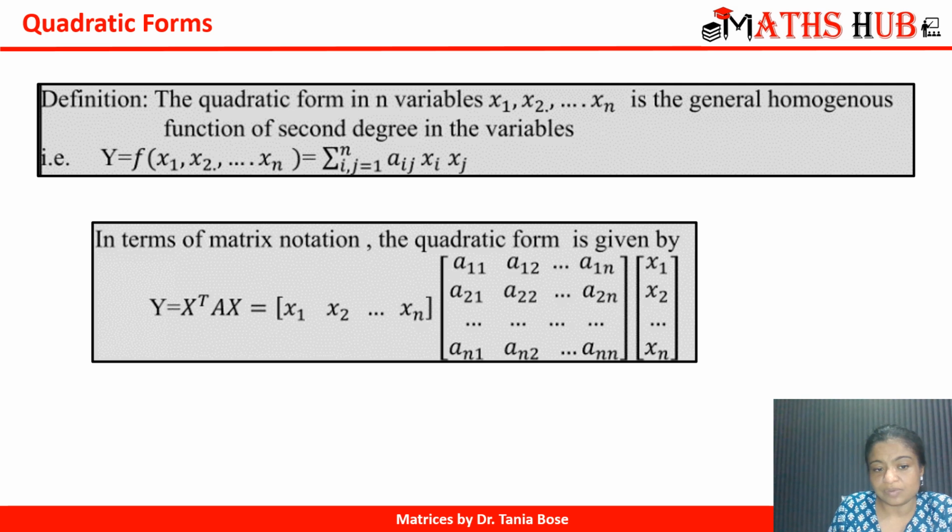That means you will get a polynomial expression as aij, xi, xj, and i and j will always run with the suffixes 1 to n, right? So this is how you express any polynomial in matrix notation, and vice versa, any quadratic form can be expressed in the form of a matrix, right?